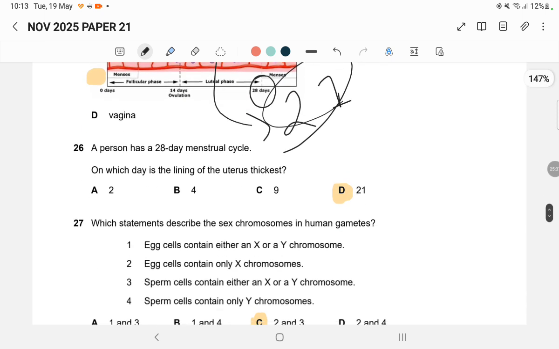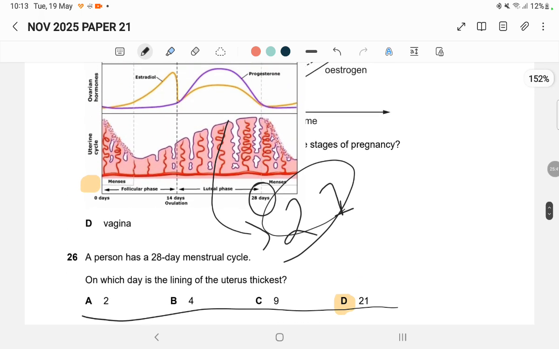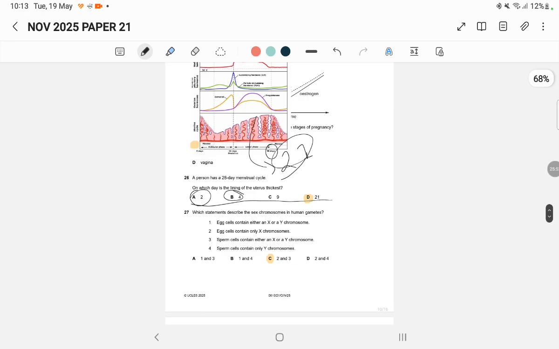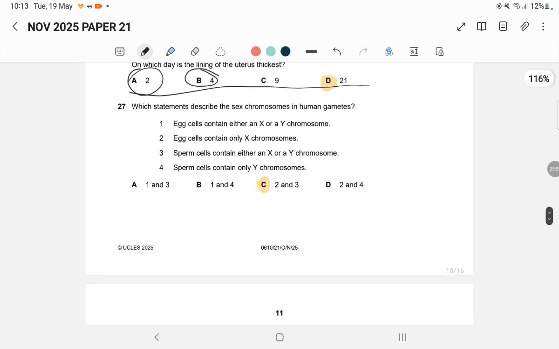From the sources that he provided, day 21 will be the day when the uterus lining is thickest. Because day 2 will be menstruation, day 4 will be reactivating or rebuilding your uterus wall, and day 9 will also be rebuilding, so it is not the case here.